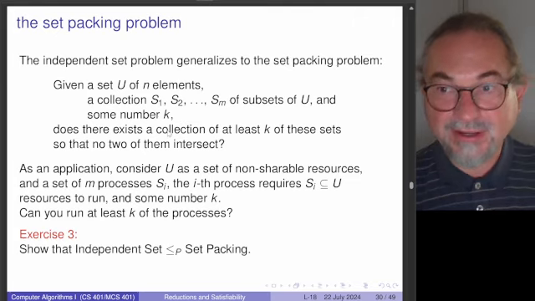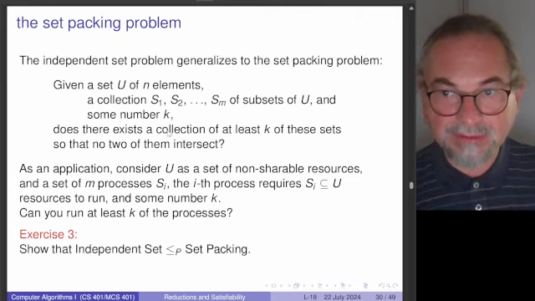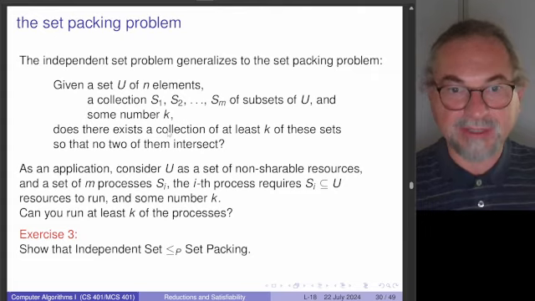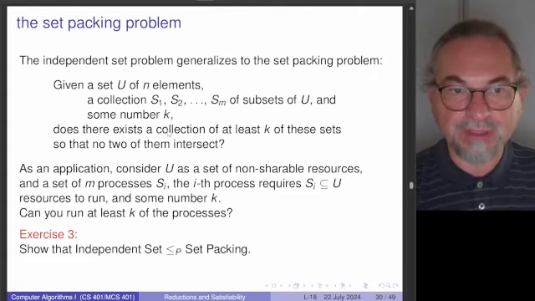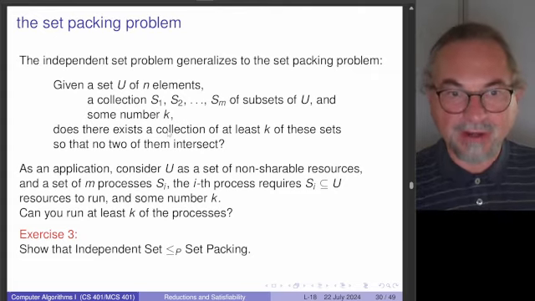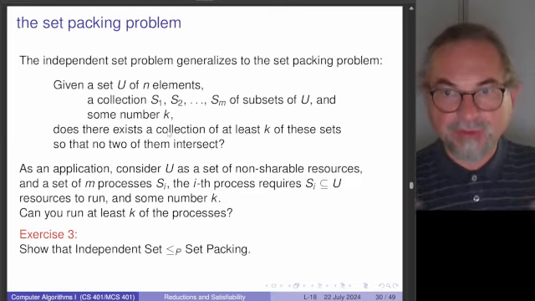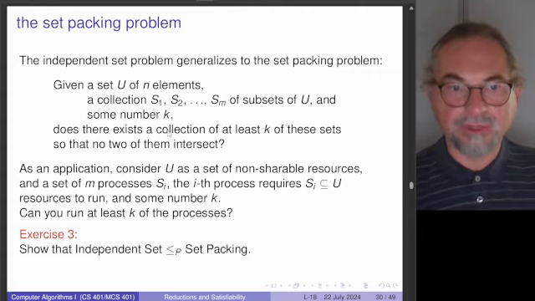This could be seen as an application of a scheduling problem, and it has implications for, for example, parallel tasks that you want to run at the same time. So the application is how many processes can you run if all these resources are up at the same time, but they can be utilized by only one process.